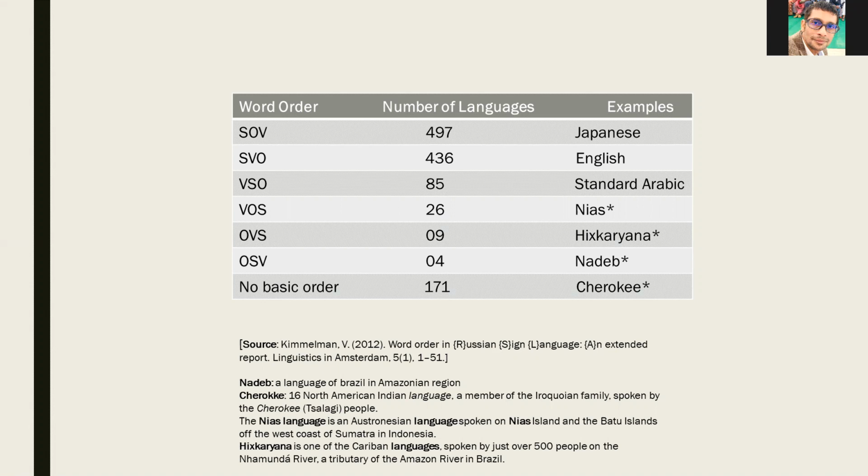And the last one is Cherokee, a very uncommon language. If you talk about the 171 languages with no basic order, it means that they don't follow subject, verb, object, or any logical order pattern. So Cherokee is used by 171 types of languages, and Cherokee is one of the 16 North American Indian languages. It is a member of the Iroquoian family spoken by the Cherokee people.